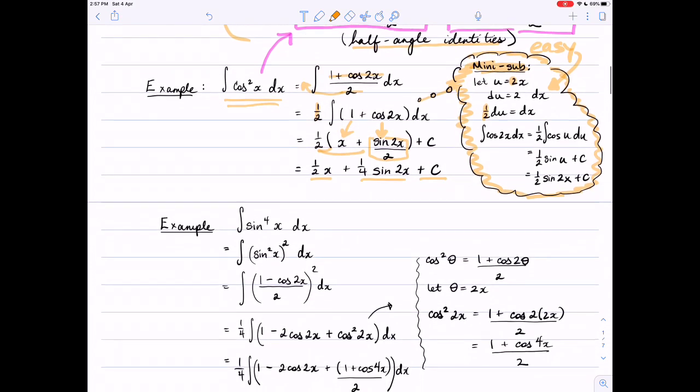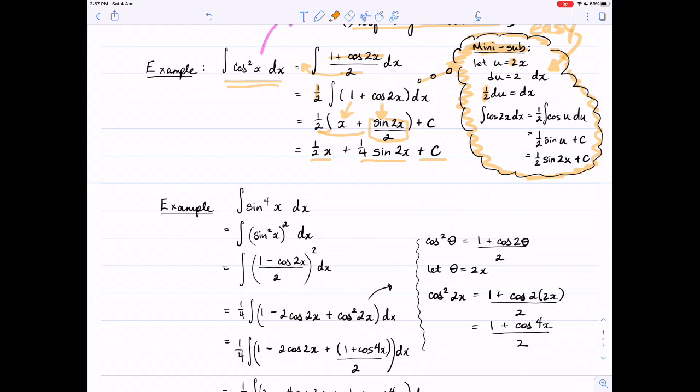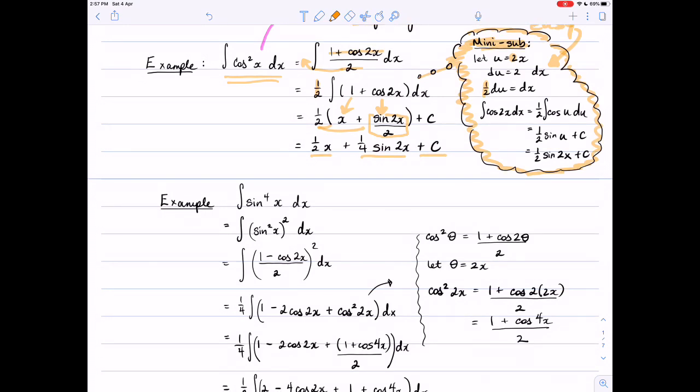Example 2. It's again a power. But now the power is a little higher. So the half angle identity doesn't apply, at least not directly. So what we can do, of course, is modify this power using a law of exponents.